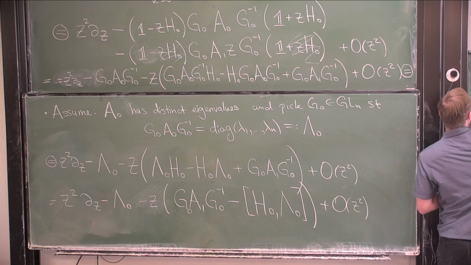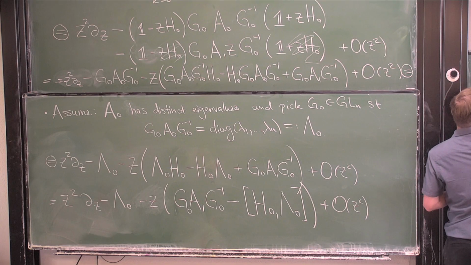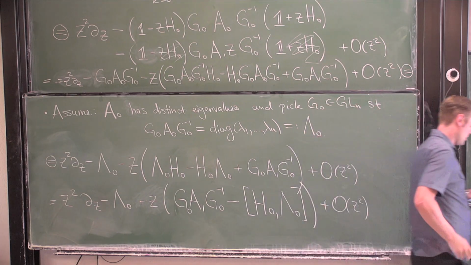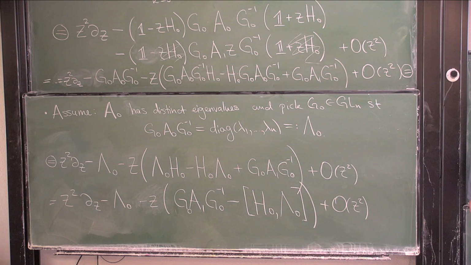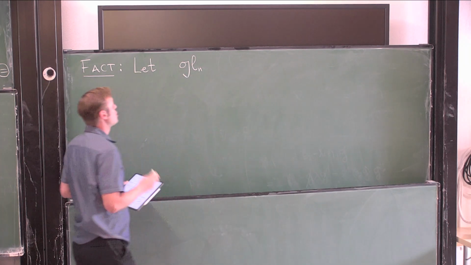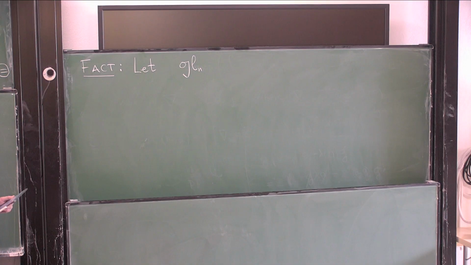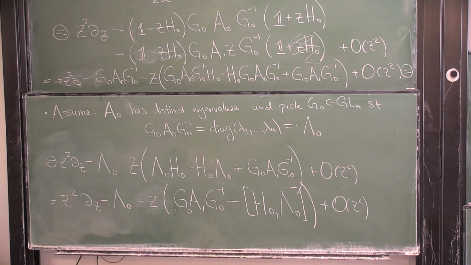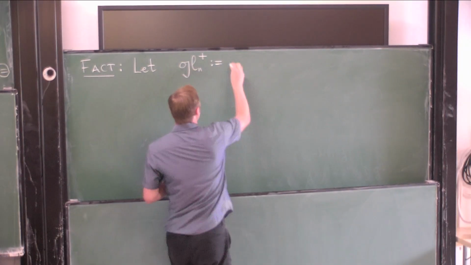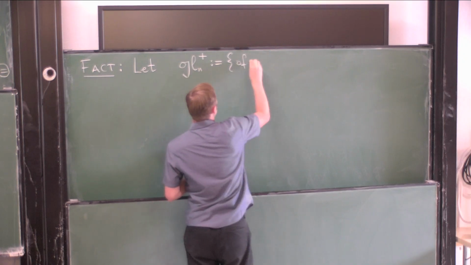So here's a linear algebra fact. Another linear algebra fact, which is very cute and useful for your general livelihood. Let me introduce two more pieces of notation. Remember that GLn stands for the vector space of all n by n complex matrices. I'll put a little plus as a superscript to mean off-diagonal matrices.